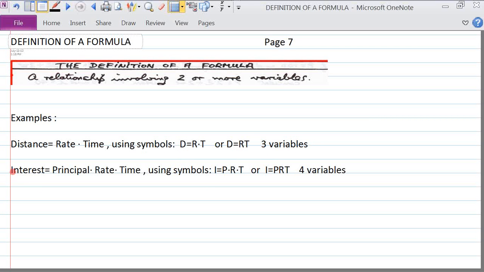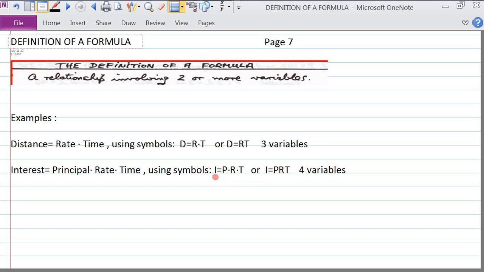You may also be familiar with a formula concerning interest. Simple interest paid: if we know the principal and the rate, and we know the time, then we can calculate the interest. So we abbreviate this as I for interest, P for principal, R for the rate, and T for the time.